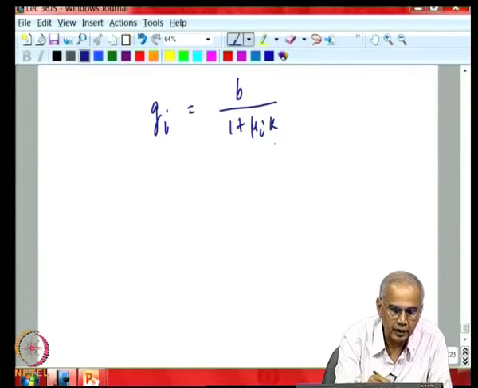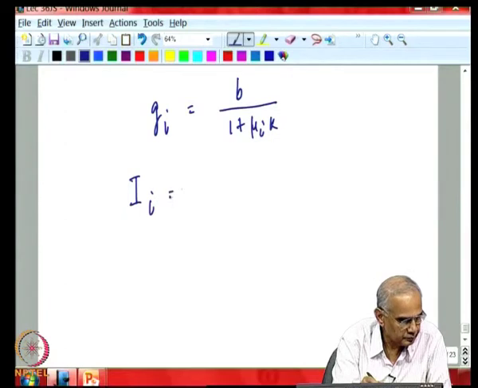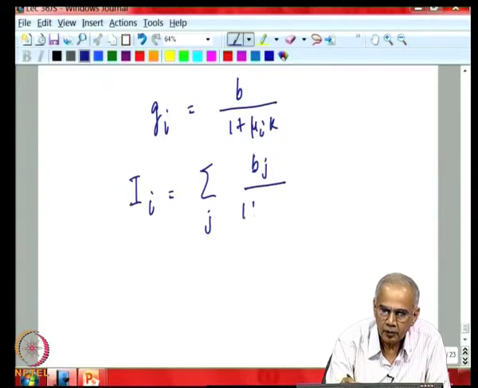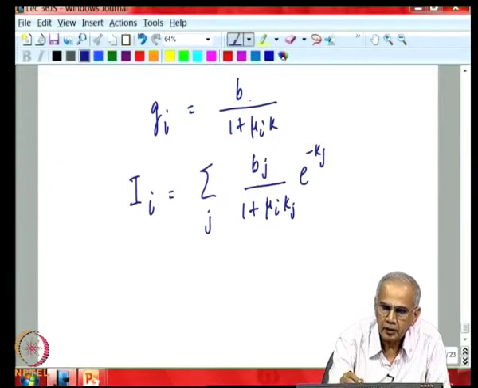So, the general solution now you can write down for the ith direction will be sigma over j of b_j by 1 plus mu_i k_j into e to the power minus k_j into tau.